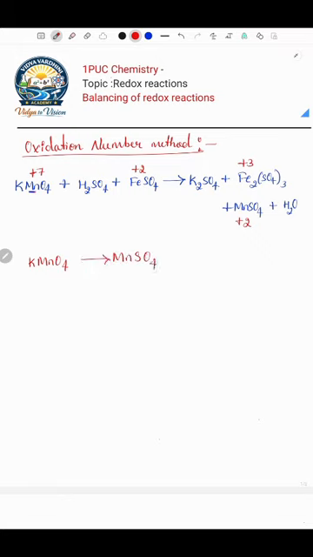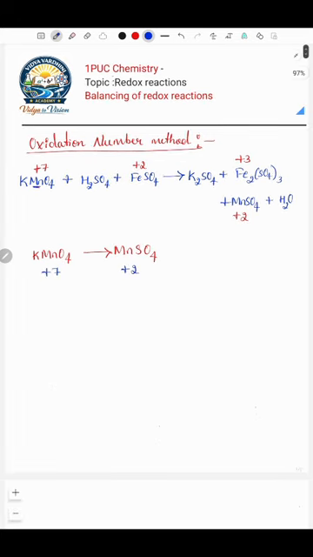Here the oxidation state is +7 and it changes to +2. This is our reduction reaction. Similarly, I will write the oxidation reaction, that is FeSO4 changes to Fe2(SO4)3, and oxidation number changes from +2 to +3.